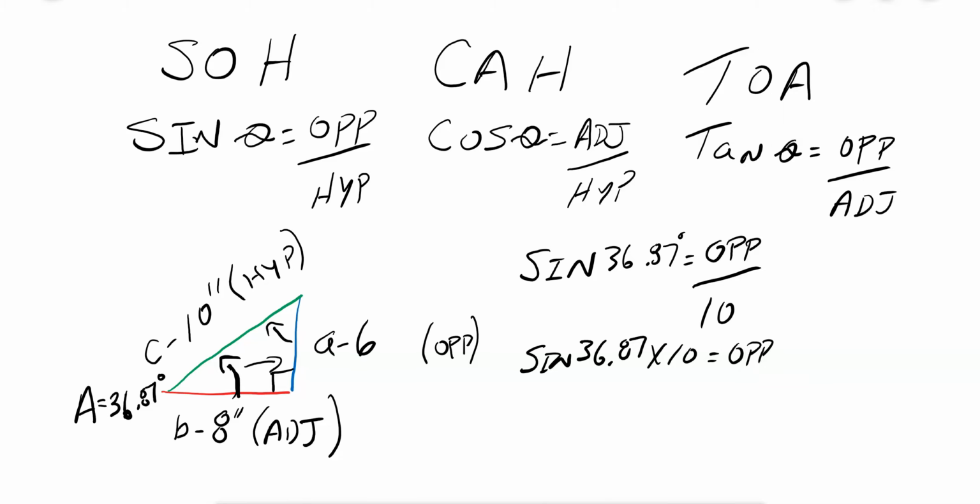We could check this by doing our Pythagorean theorem: c squared equals a squared plus b squared. So c equals the square root of a squared plus b squared.